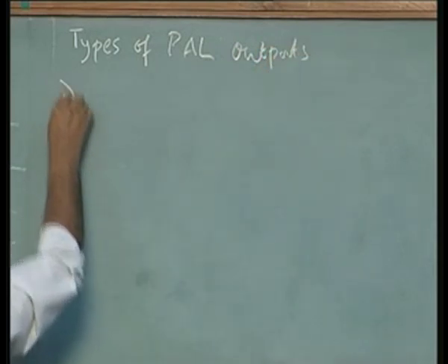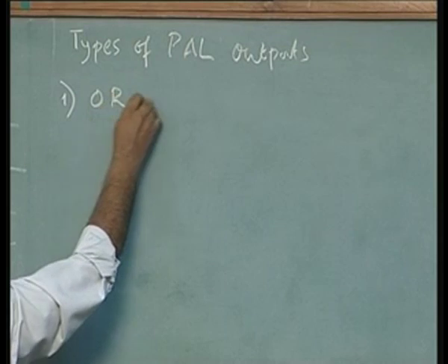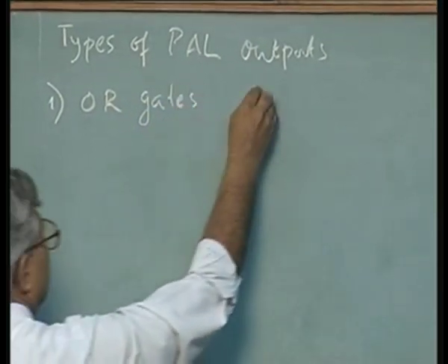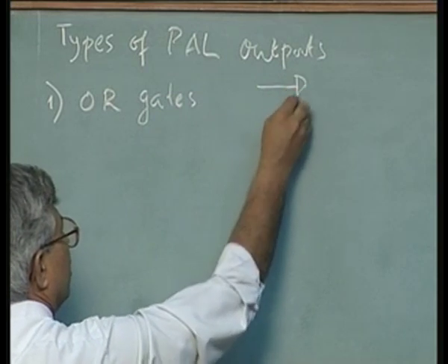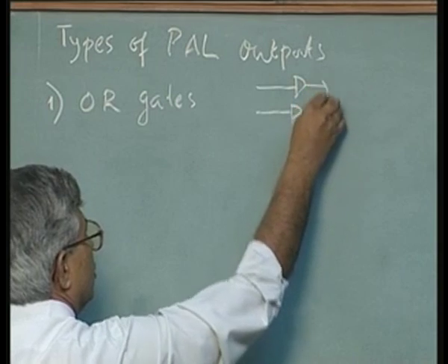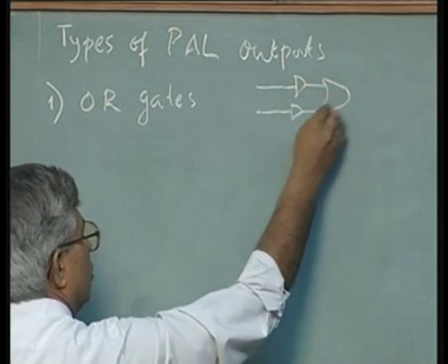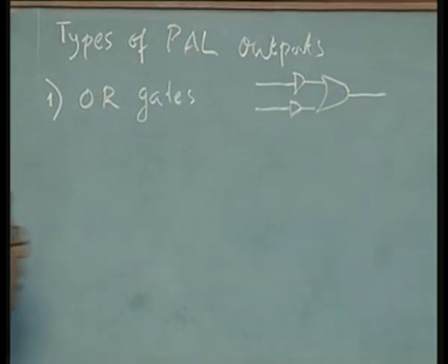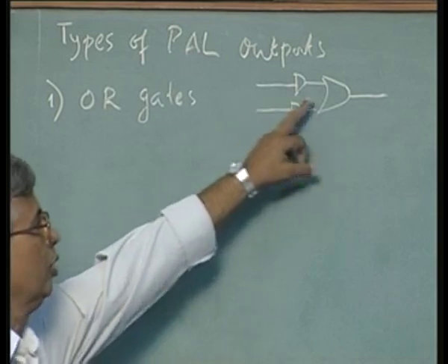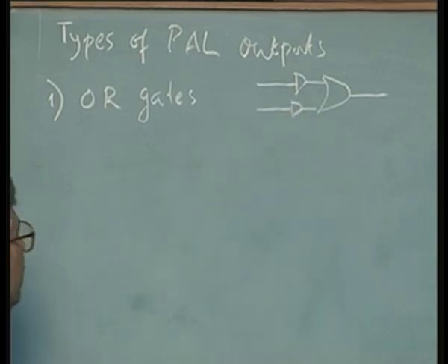One is the OR gate, what we saw right now. We have many AND gates feeding into a single OR gate. This is a combinational output, with inputs feeding AND gates, product terms feeding into the OR gate.